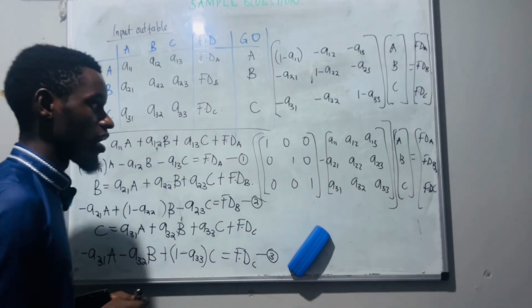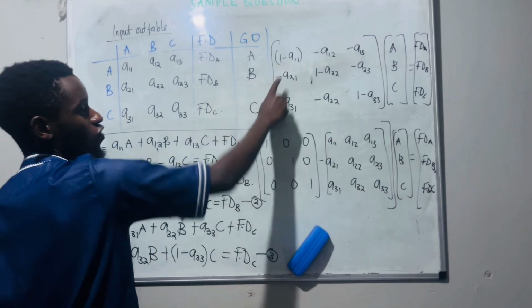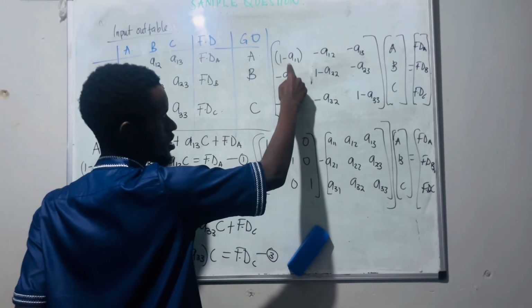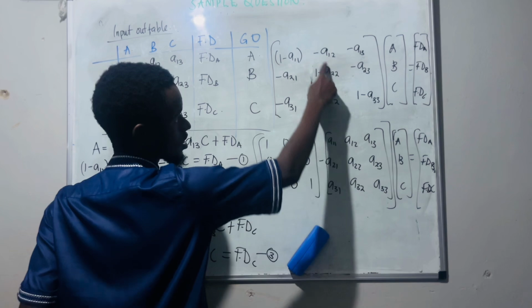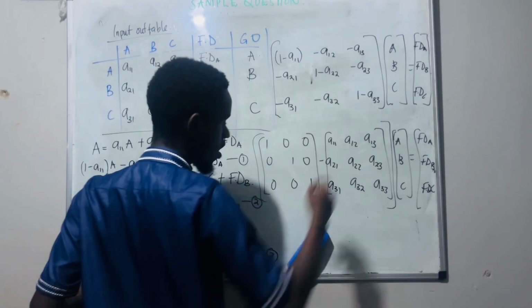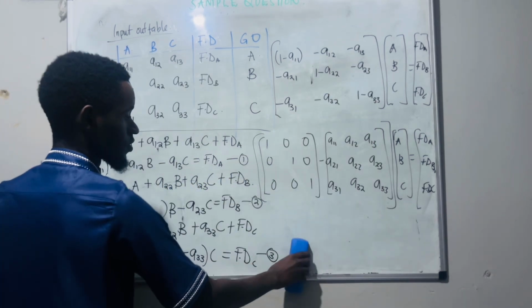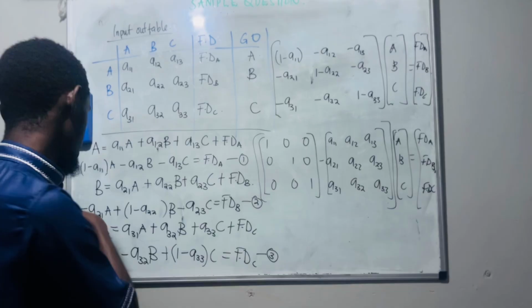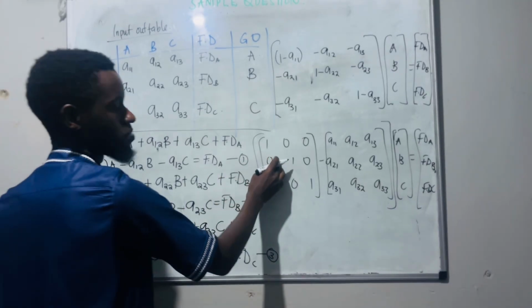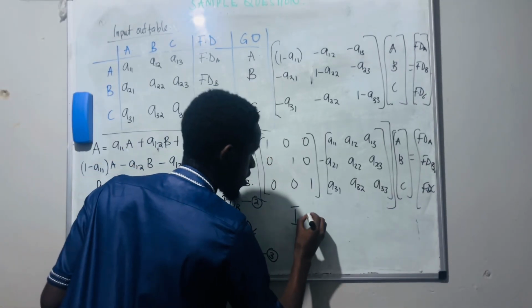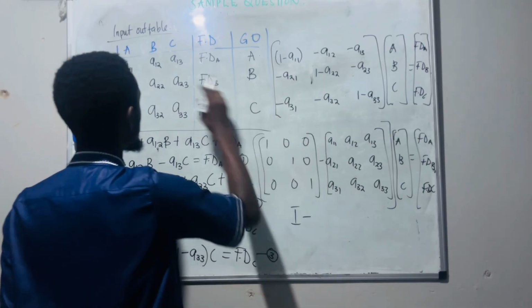Yes, members, are we together? I am saying that it's just a matter of getting 1 minus A11, which is here, 0 minus A12 is negative this, and then like this. Therefore, I want to conclude that this is the same as having this, my identity matrix I. This is my A matrix, which I had already here.